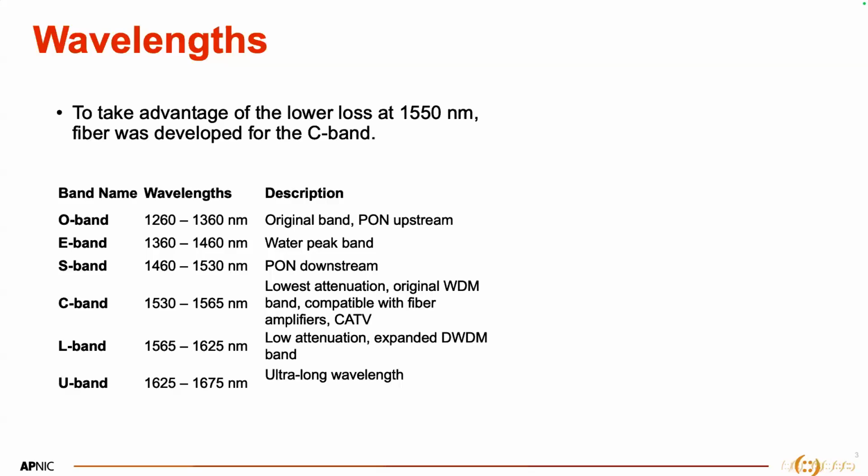You can take the odd band OTU cards from Ciena, from Huawei, from Infinera, or from any other DWDM provider. If you tell them I need the odd band, it's the same for all of them. If you tell them I need the even band, it's the same. If you tell them I need the whole C band lambda, it is the same for all of them. Does that answer your question?